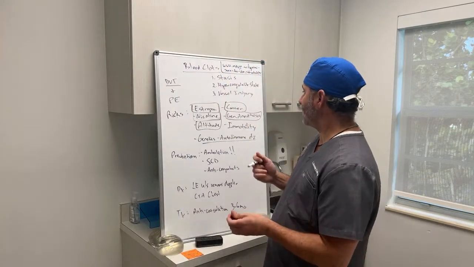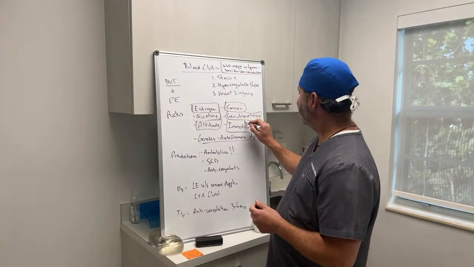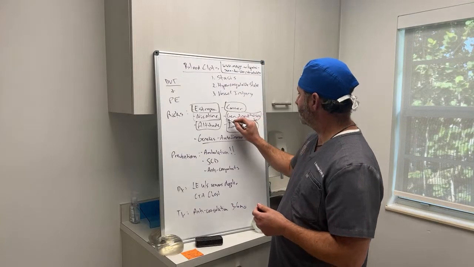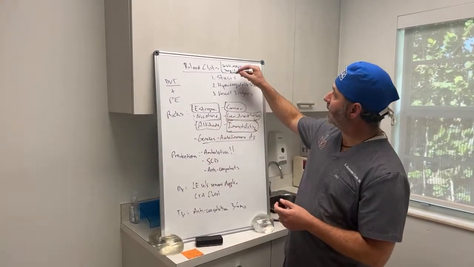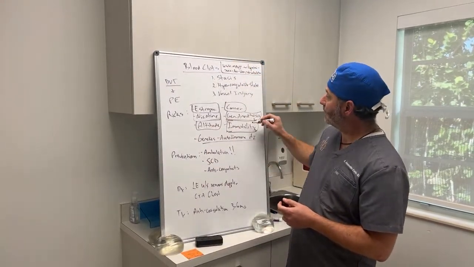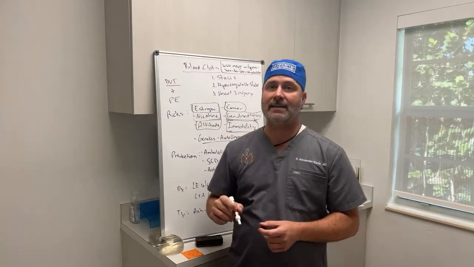And last, but incredibly important, one of the most important, is immobility, not moving around. Okay, that goes to number 1 here, stasis, right? If you're not moving around, there's going to be stasis.